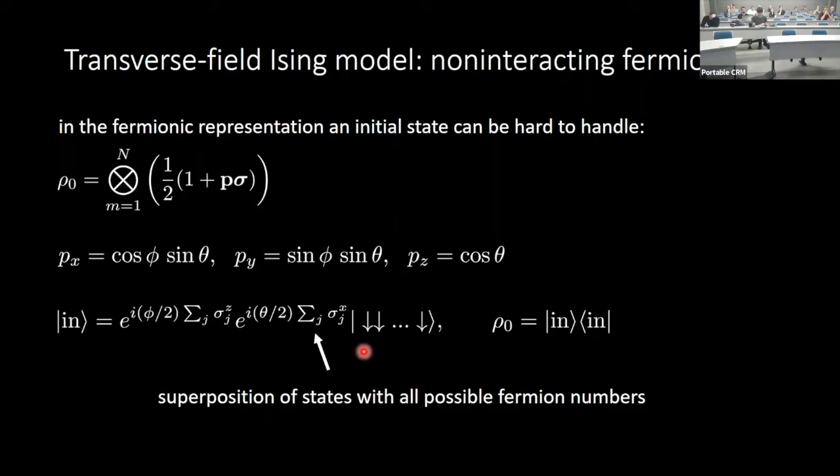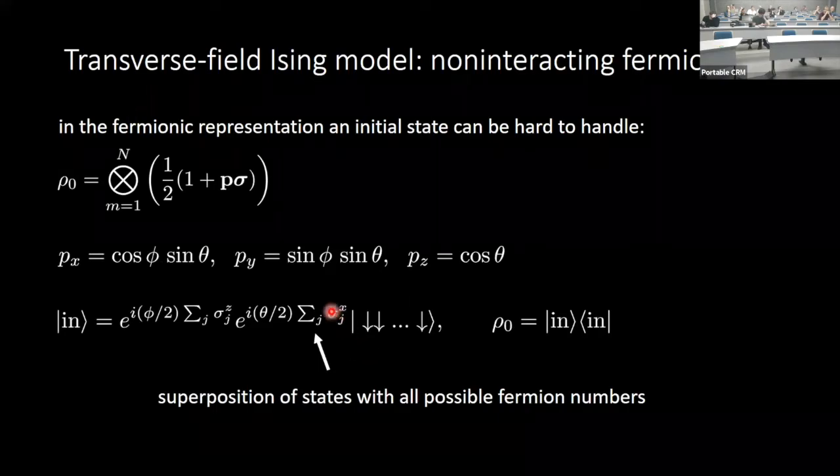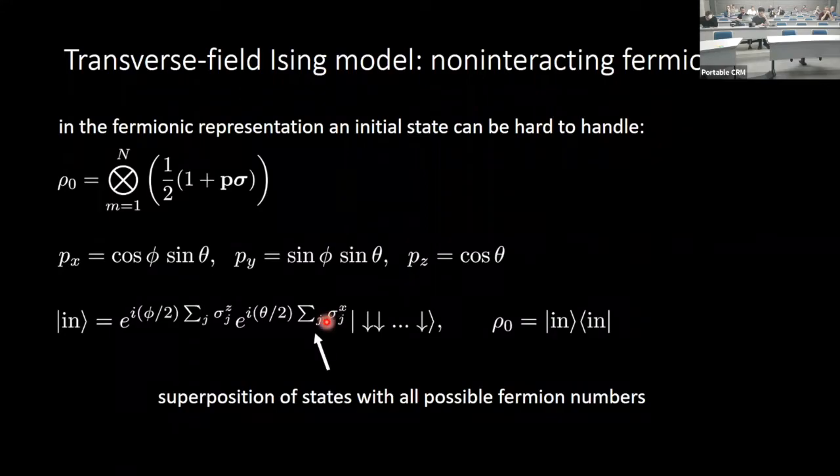This means that if you wish to solve your problem for this initial state through the fermionic representation, you actually need to solve n plus 1, maybe n, different fermionic problems with different fermion numbers, then sum up the amplitudes, and then somehow get the answer.